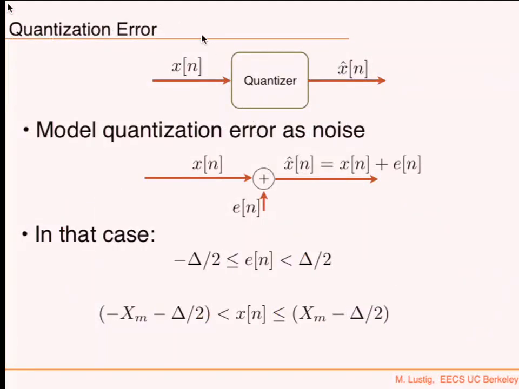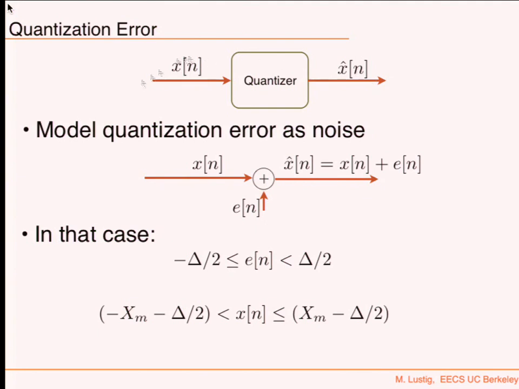So here's where things get interesting, and this is actually the beauty of this analysis, and I think it's due to Widrow. This is really hard to model. So x of n comes in, it quantizes, and you get this. What we're going to do now is model this as a random process.